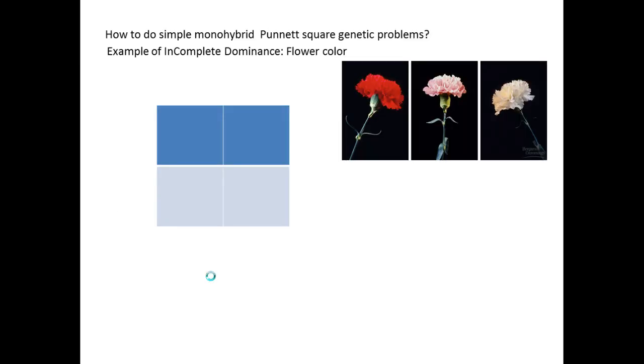Okay, now besides complete dominance, you can have incomplete dominance, and this is basically a blending effect, and you have an in-between trait. So in this scenario, you'll always see at least 3 phenotypes. In this case of flowers, we have a red flower, a pink flower, and a white flower.